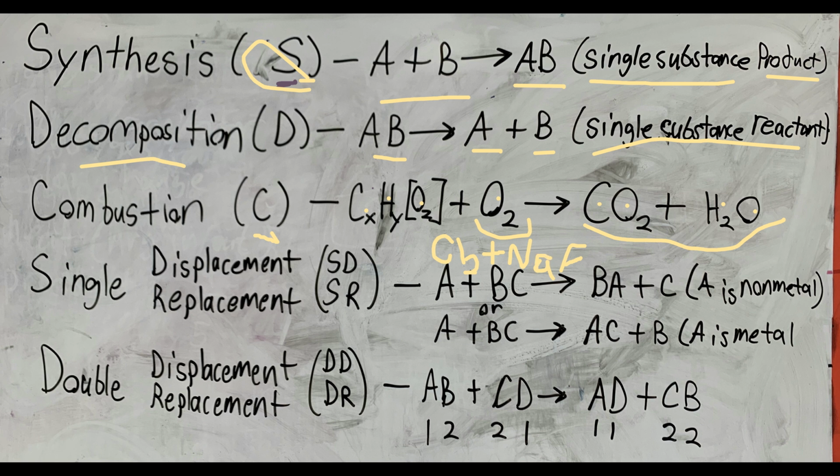It's NaF, where sodium brings a 1, fluorine brings a 1, so it's just NaF. Cl is a nonmetal, F is a nonmetal, so they swap places, it becomes NaCl, plus now the F is alone.